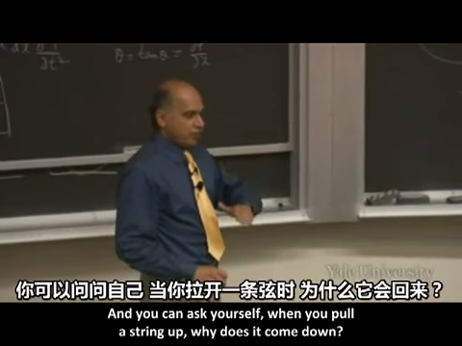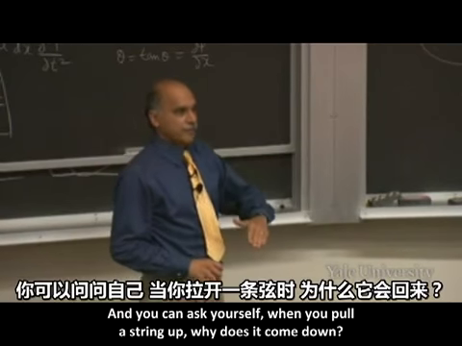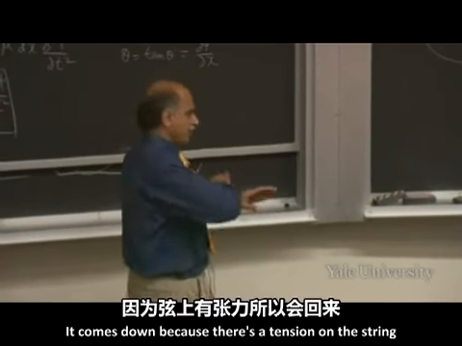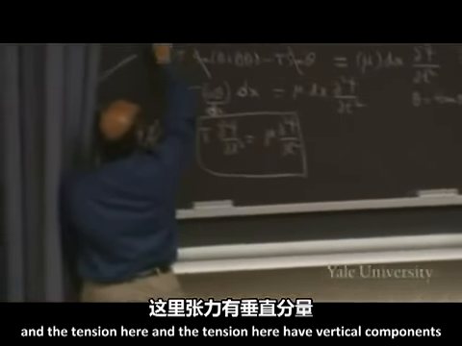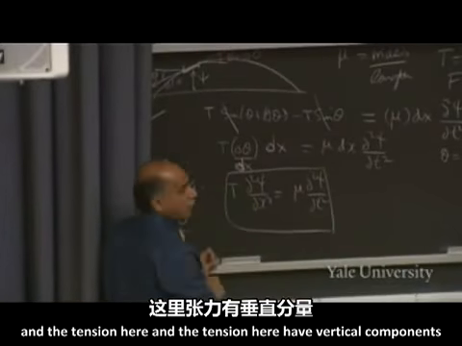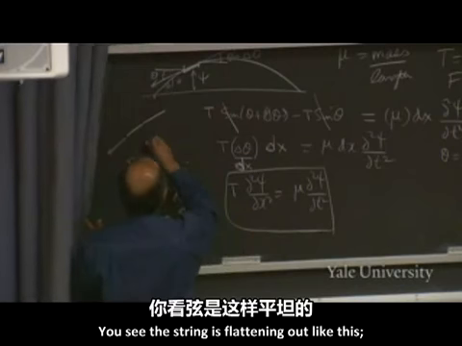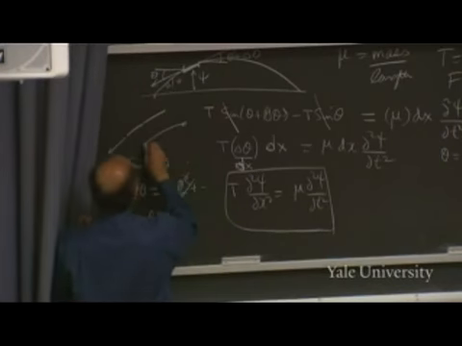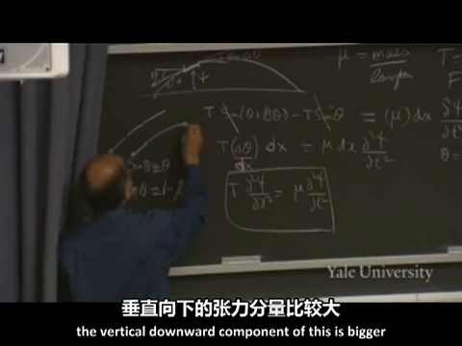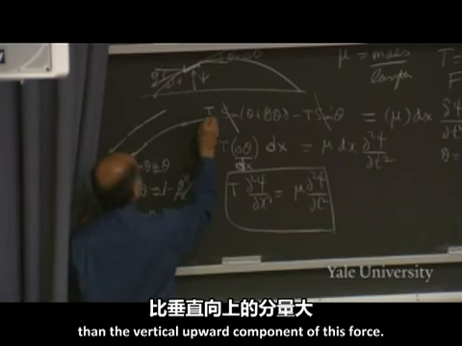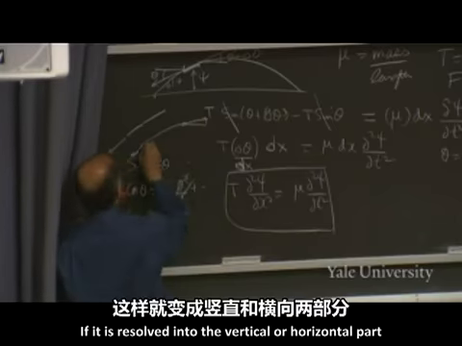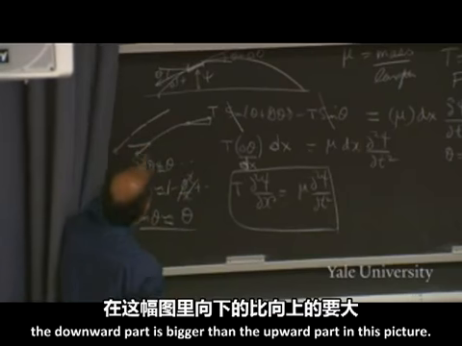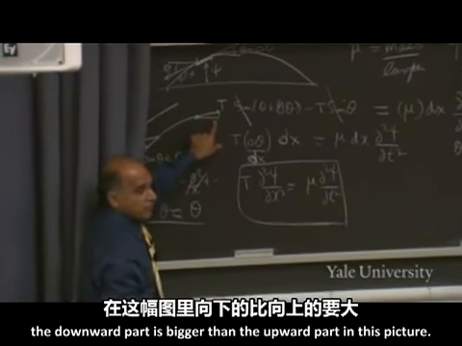And you can ask yourself, when you pull a string up, why does it come down? It comes down because there's a tension on the string, and the tension here and the tension here have vertical components that don't quite match. You see, if the string is flattening out like this, the vertical downward component of this is bigger than the vertical upward component of this force. If you resolve it into vertical and horizontal parts, the downward part is bigger than the upward part in this picture.